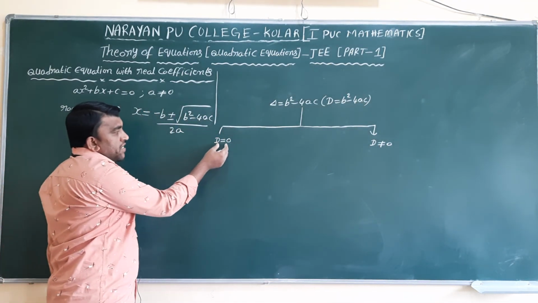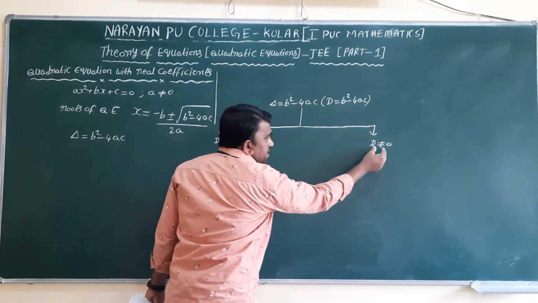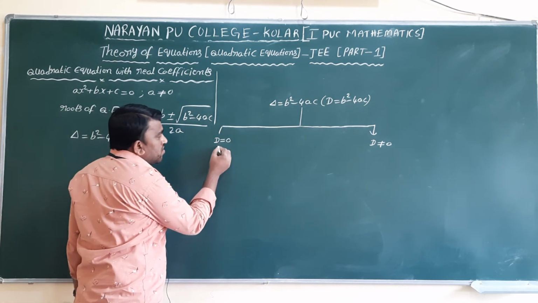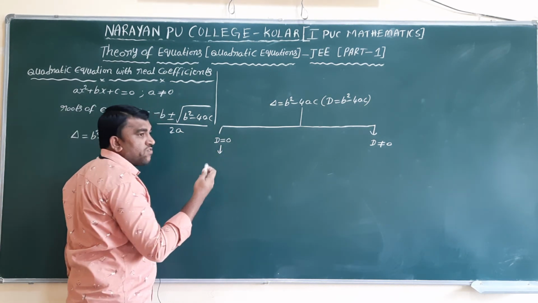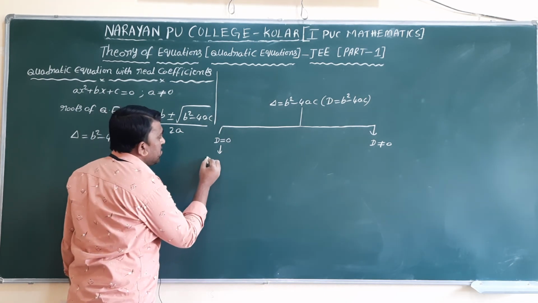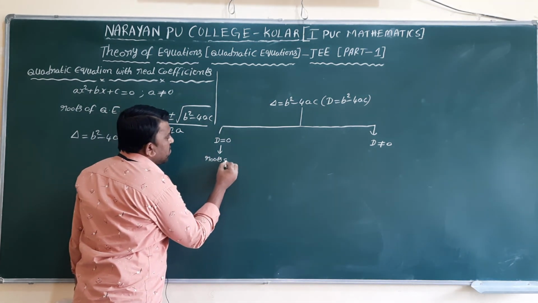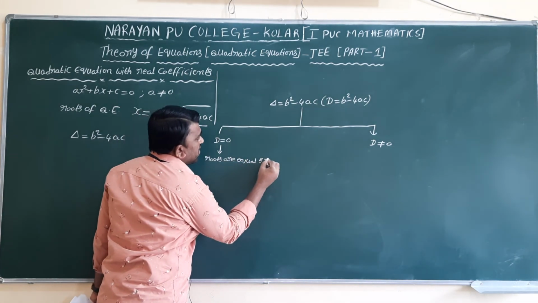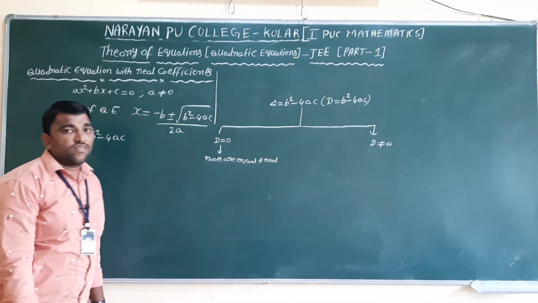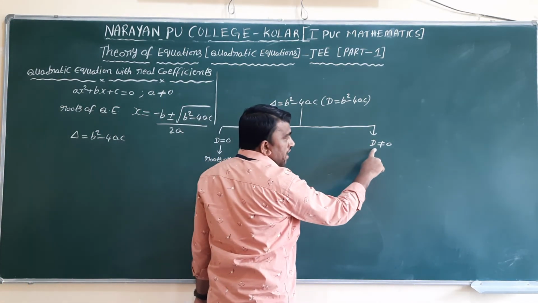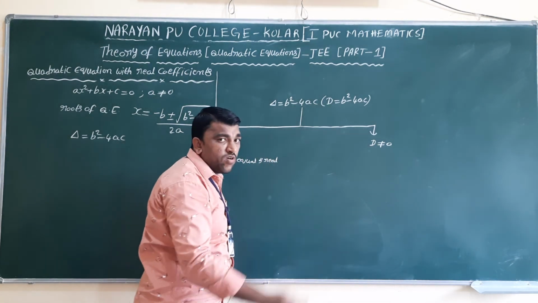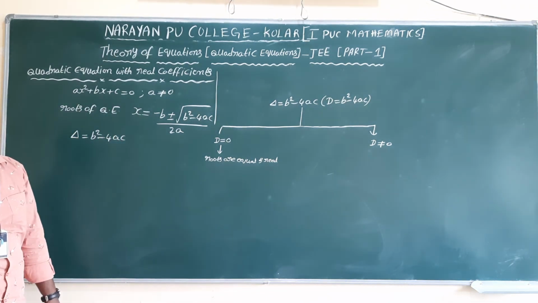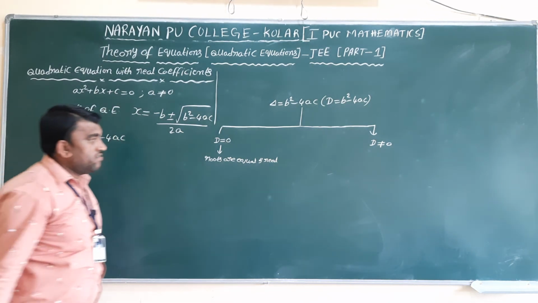Suppose discriminant equal to 0 and discriminant not equal to 0, then what is the nature of the roots? Discriminant equal to 0, we know the roots are equal and real. That is the nature of the roots. While coming to not equal to 0, we have two cases: one is D greater than 0 and another is D less than 0.